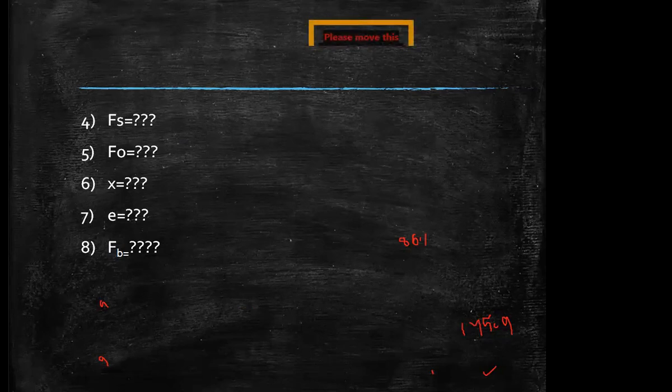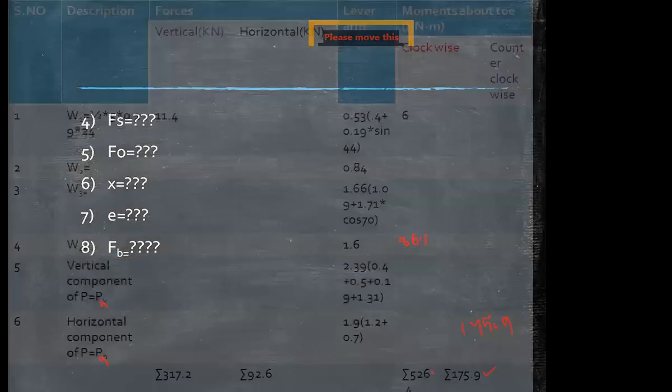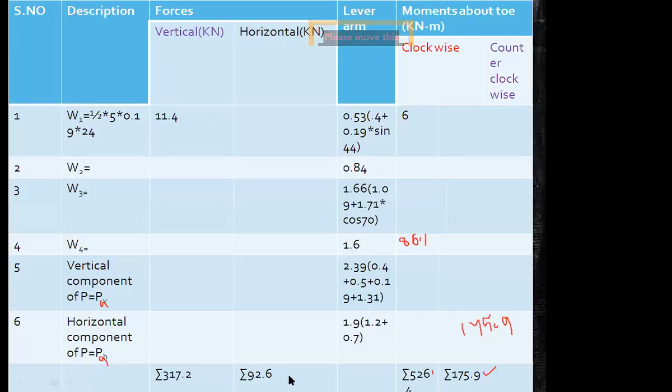RV అంటే ఏంటండి? 317.2. Yes, so RV, as it is suggesting, is the reaction in the vertical direction, right? So it will be 317.2. What is RH? Reaction in the horizontal direction, right? So here you got 92.6. This value you need to write.